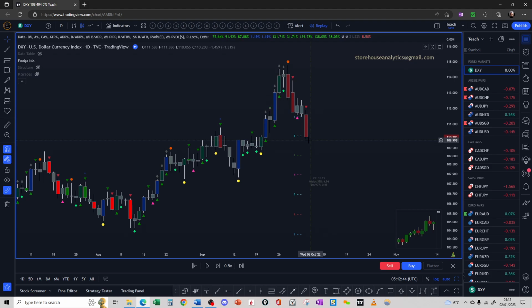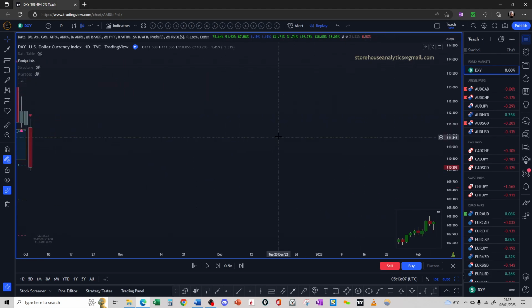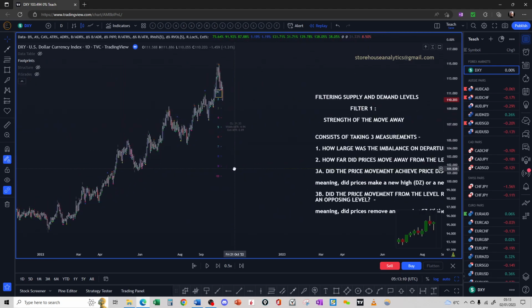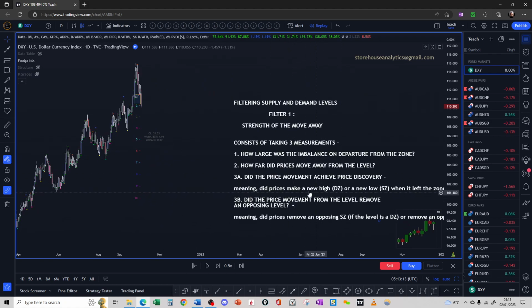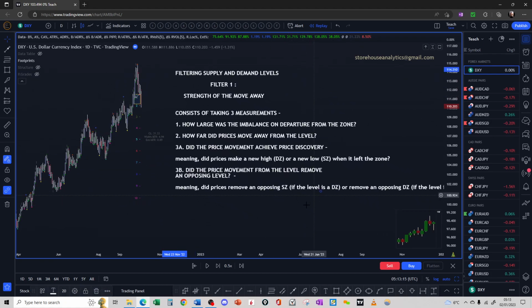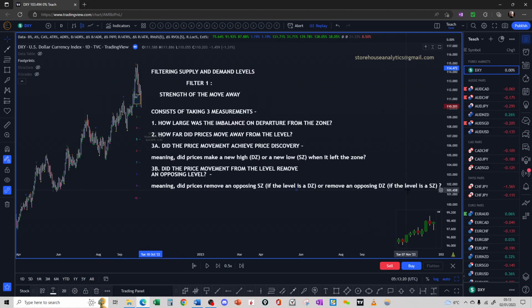But for our learning purposes here, I want to show you it did remove an opposing demand zone, didn't it? That's our demand zone. It traded below the low of the demand. So to the point where we're asking, did prices remove an opposing supply zone if it's a level of demand, or an opposing demand zone if it's a level of supply?